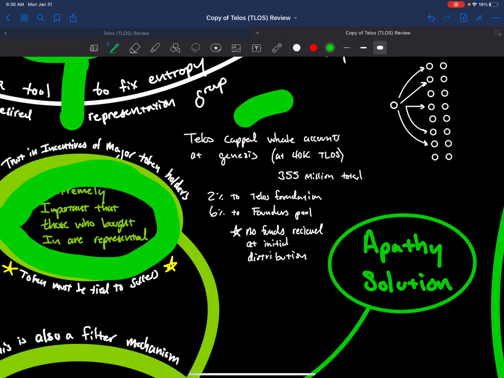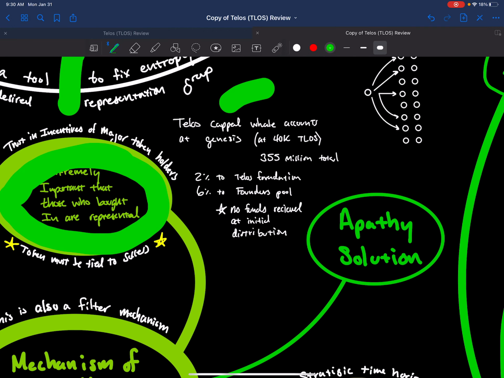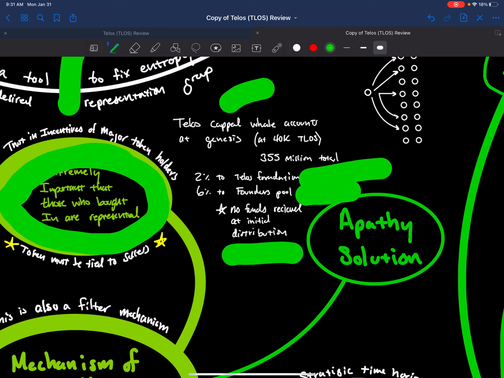Telos capped the whale accounts in Genesis, so everyone who has bought in, either in work, such as the Telos Foundation, which owns 2% of tokens, or the Founders Pool, which is also people who put in work, is the same. Putting in work is the same as buying in. Because it's got equitable distribution, and the people who put in the work are the ones holding it, not VCs, I gave that as a big benefit for those who buy in representing the token.